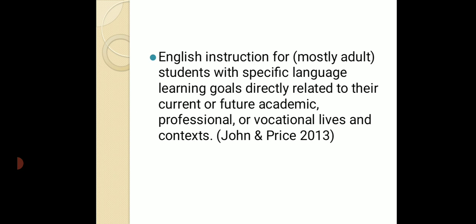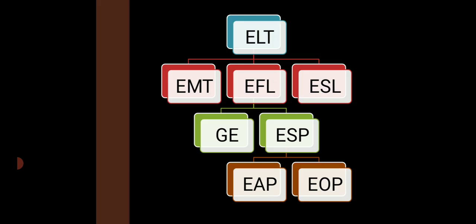definitions of ESP. Next, we are going to see the place of ESP within the broad picture of English language teaching. When we are talking about English language teaching, we know that there are three main branches: English as a mother tongue, then the teaching of EFL, English as a foreign language, and also ESL, English as a second language.